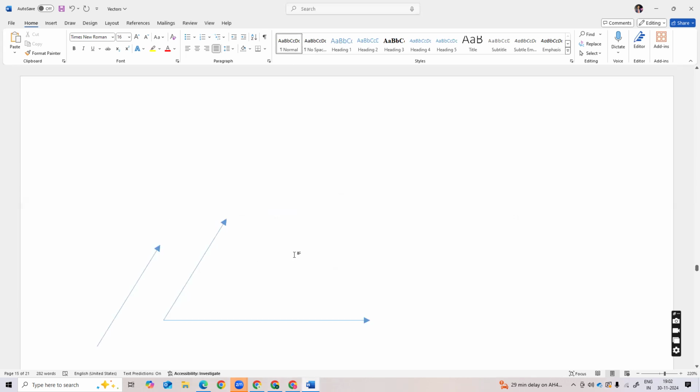Now this was the resultant. However, how will we find the difference? So let's say again we have this parallelogram.